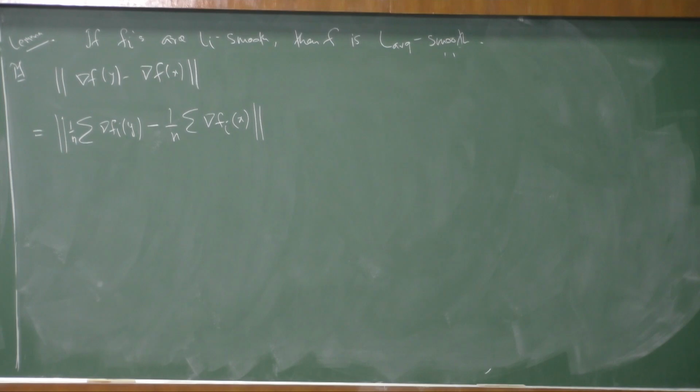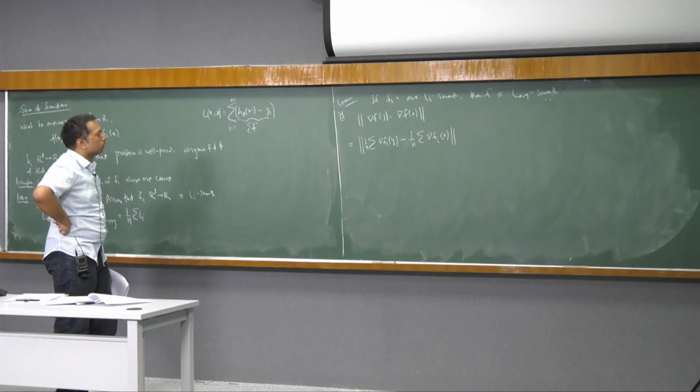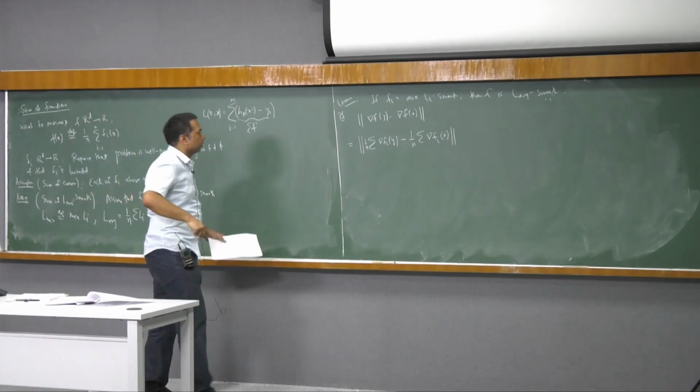The 1 by n can come out, that's fine. We can take the sum common, and then the norm goes inside.